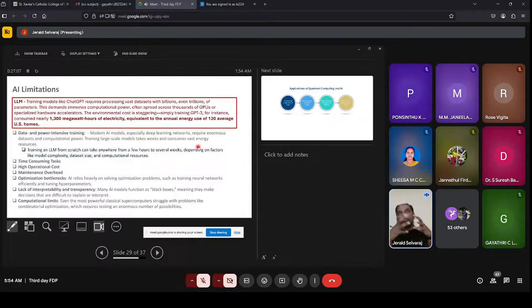The final one is that ChatGPT and generative AI are all based on NLP, natural language processing. But quantum computing brings a lot of enhanced models that can support NLP processing, which further helps improve AI programming.